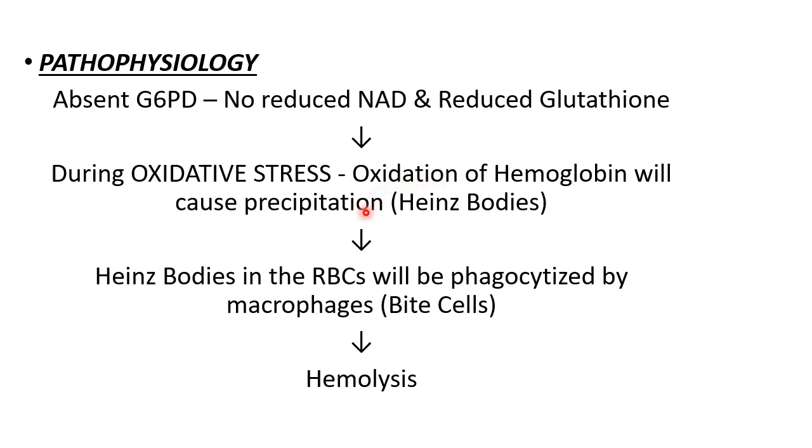Magkakaroon ng precipitation and then there is an eventual formation of your Heinz bodies. Remember, yung Heinz bodies natin are inclusions formed by the precipitated hemoglobin. And kapag yung Heinz bodies na nasa loob ng RBC are beaten off by our spleen macrophages, magkakaroon tayo ng poikilocyte called bite cells. And itong bite cells na to, once released through the bloodstream, madali na siyang ma-hemolyze or mag-burst out.